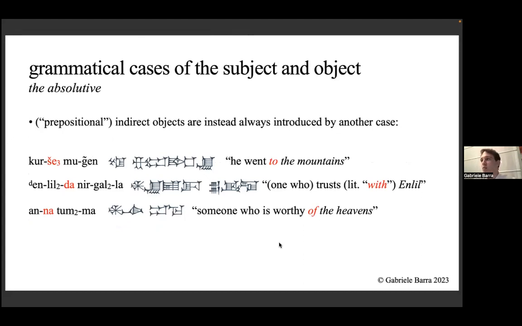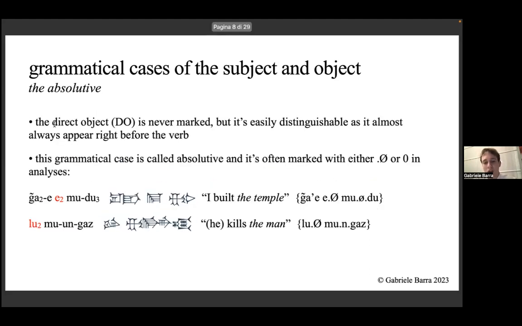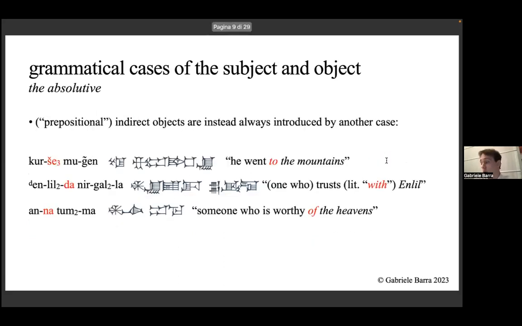Still talking about the object. I think we have seen this already. This is the direct object, which from now on I'm just going to write as DO, and it is never introduced by any grammatical case. So it ends in a 0, while the others are so-called prepositional objects, and they are always introduced, in English with a preposition, and in Sumerian by a grammatical case that isn't the absolutive.